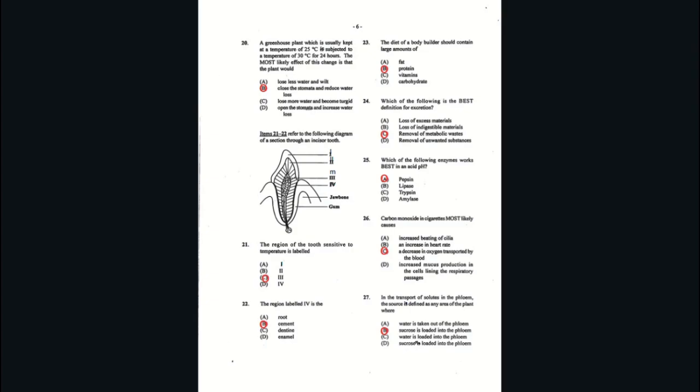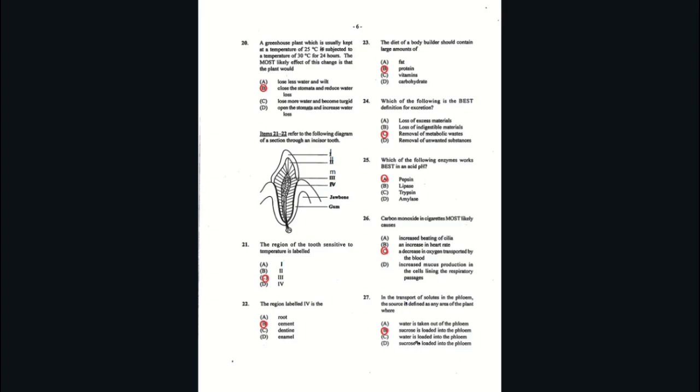And D, removal of unwanted substances. The question asks for the best definition for excretion, which means other options on this list kind of make sense and you could even write them, but they're not precise. They're asking for the precise definition for excretion.